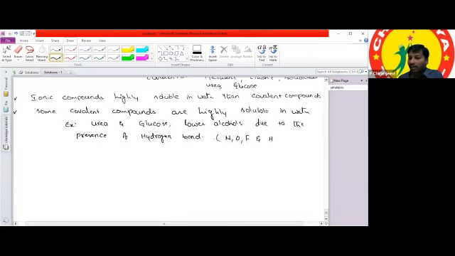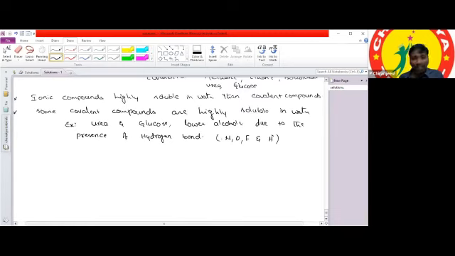The bond between these and the positively charged hydrogen is called a hydrogen bond. As the number of hydrogen bonds increases, solubility also increases. So due to that reason, urea, glucose and lower alcohols are highly soluble in water. Got it? All of you?